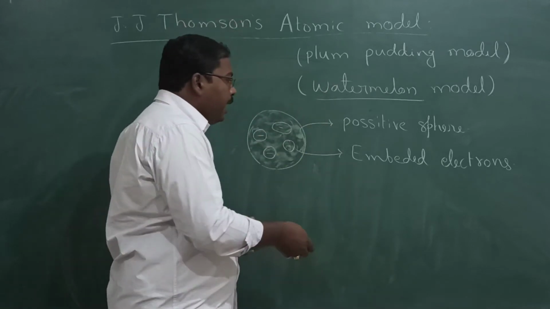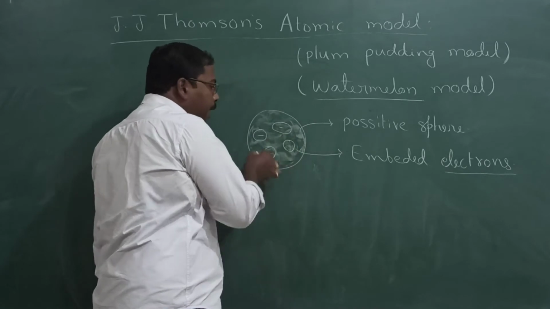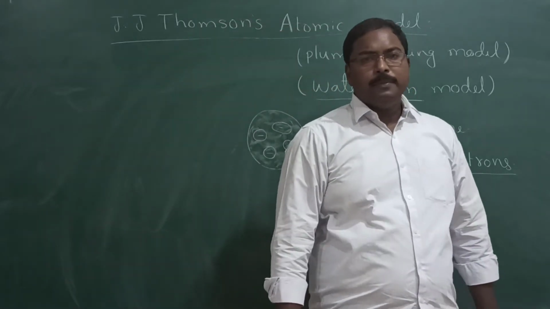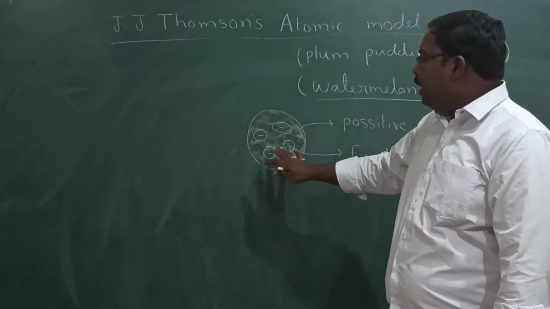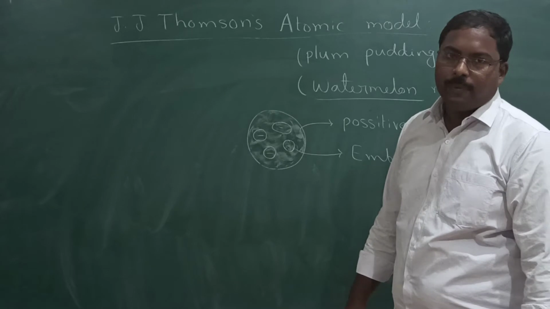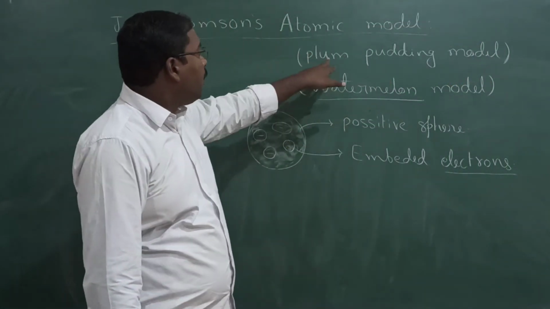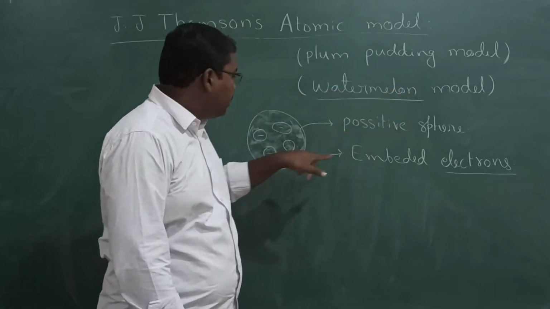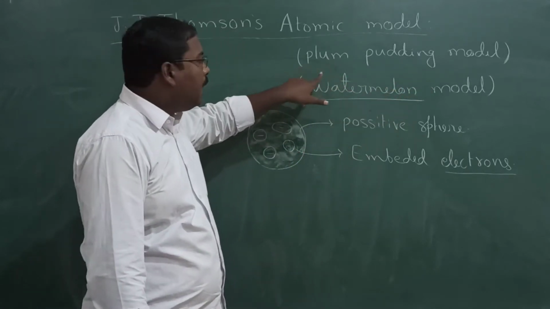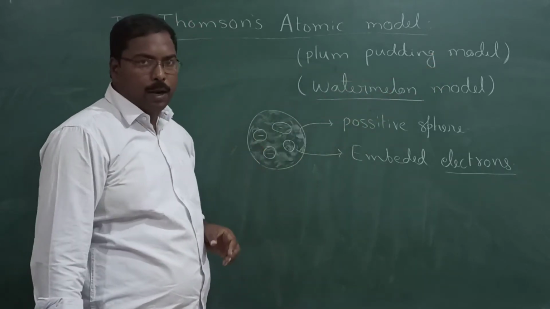In the same way, the electrons of the atom are embedded into the positive charge of the atom. This way, he explained the structure of the atom. It is a simple thing. Now coming to the plum pudding model, this juicy part is similar to the plum. That is why it is called the plum pudding model or watermelon model.